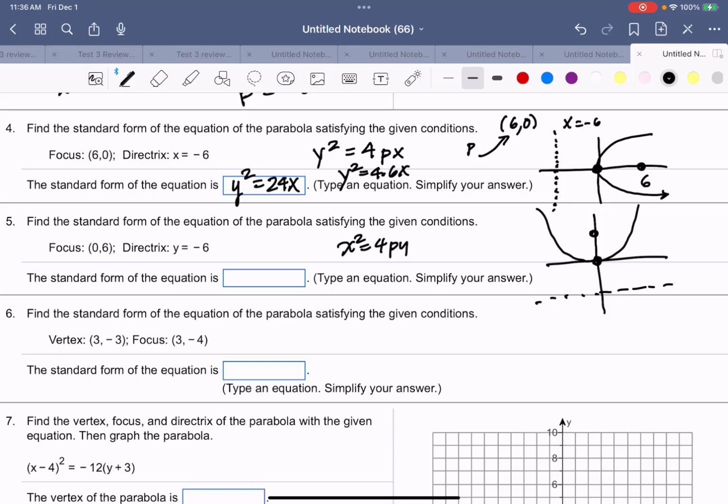Now, we want to make sure that we pay attention to what p is going to be this time. Notice this is opening up, so it's going to end up being x squared equals 4 times 6 times y. So this time it's x squared equals 24y.